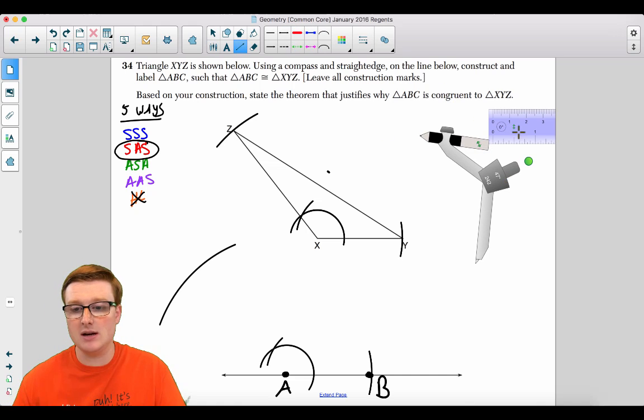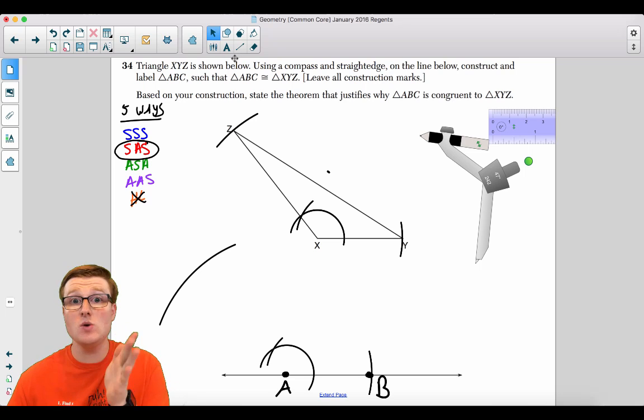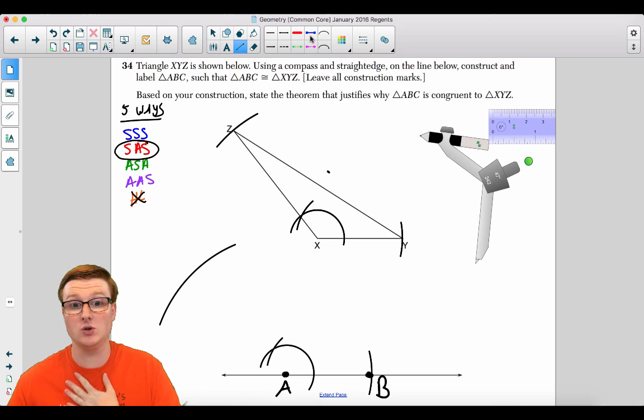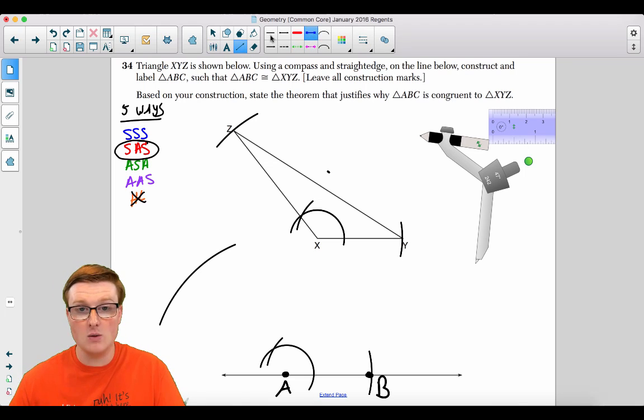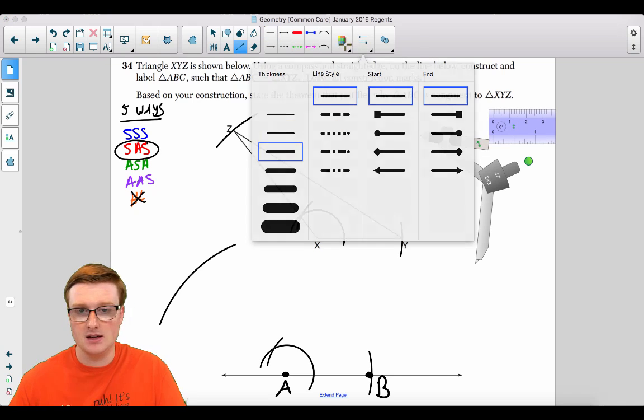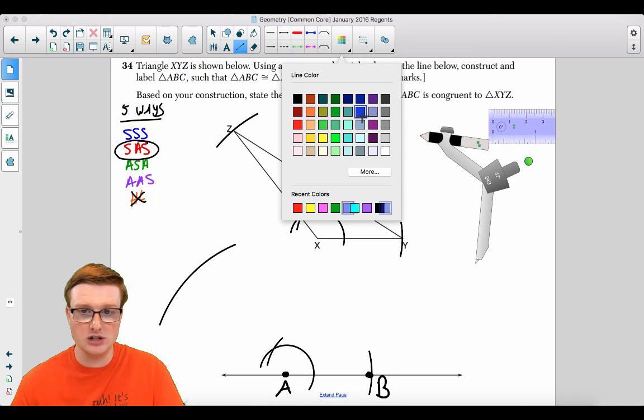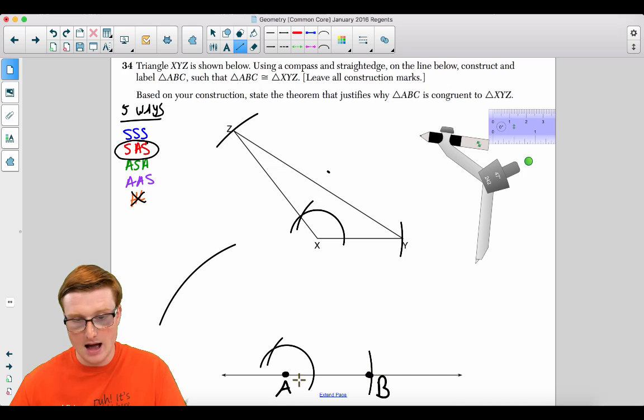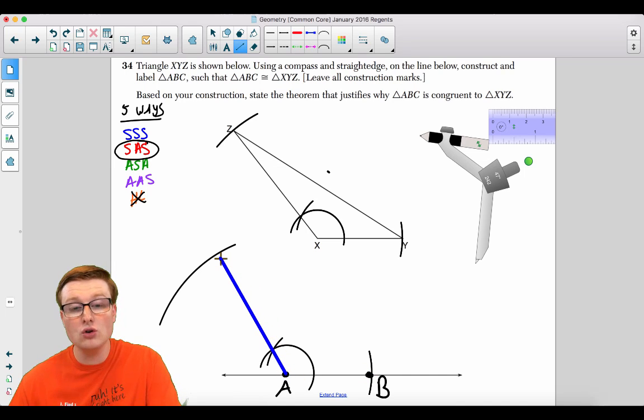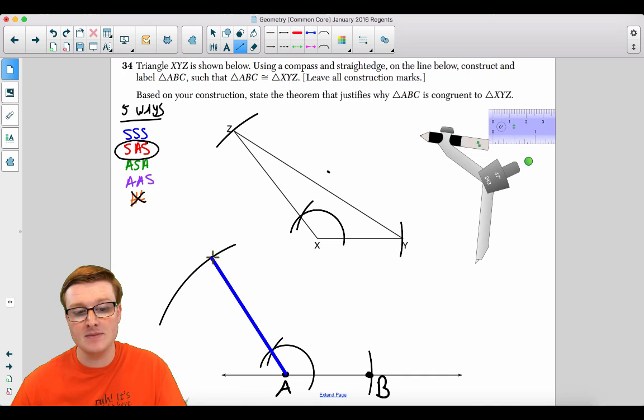Now I'm going to take my straight edge. You have to use your straight edge. I have some straight line tools on my computer. I now have to connect all these points like this. I'm going to take point A, passing through the intersection point of the angle, and touch right up here.